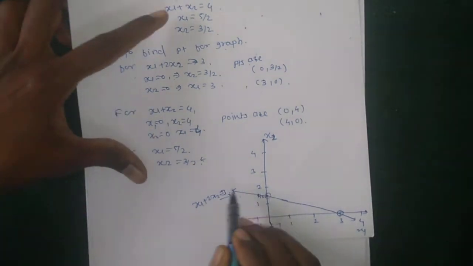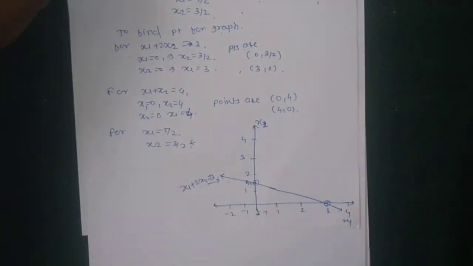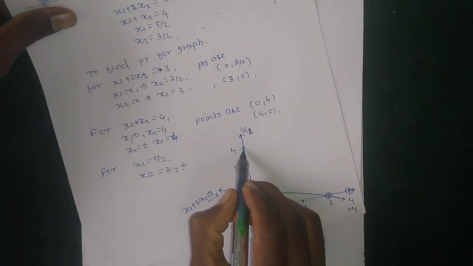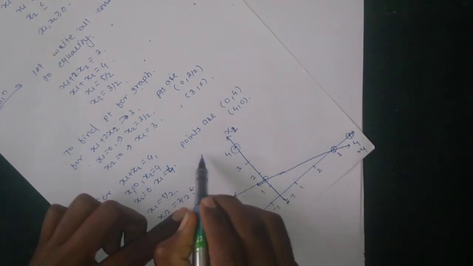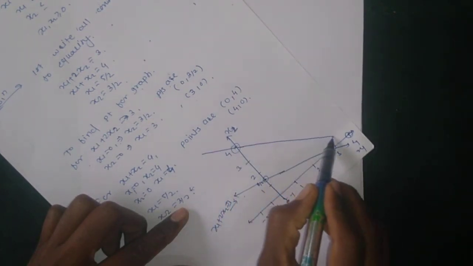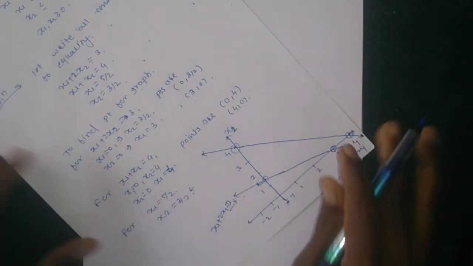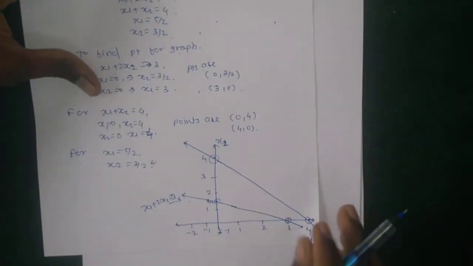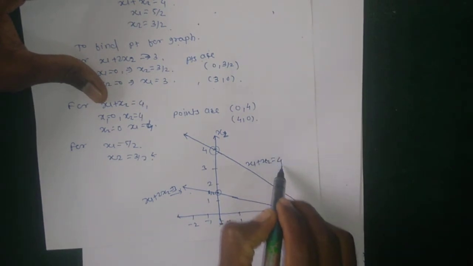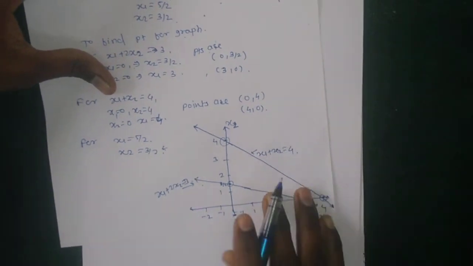Then next are 0, 4 and 4, 0; joining these 2 points, this line is x1 plus x2 is equal to 4.